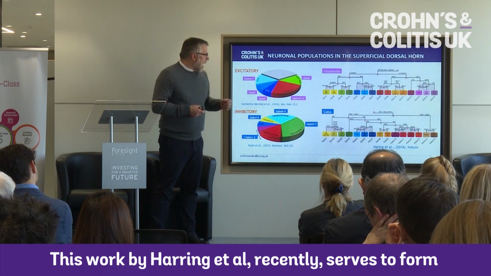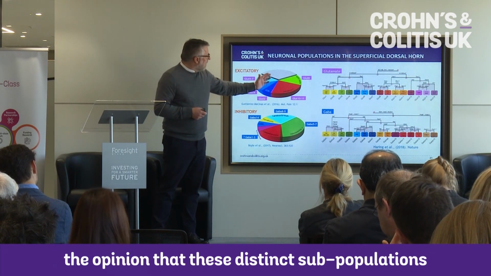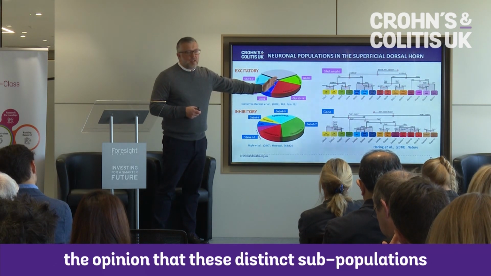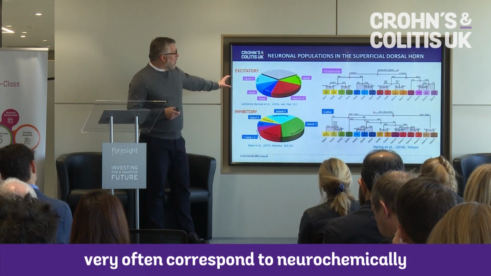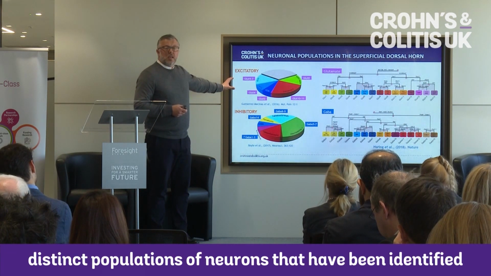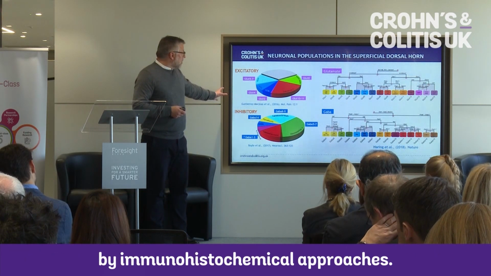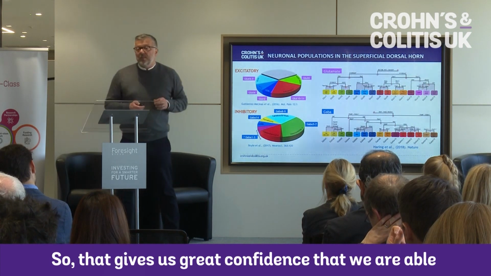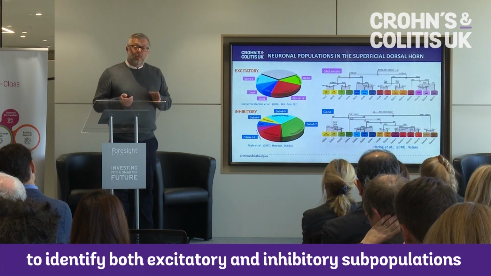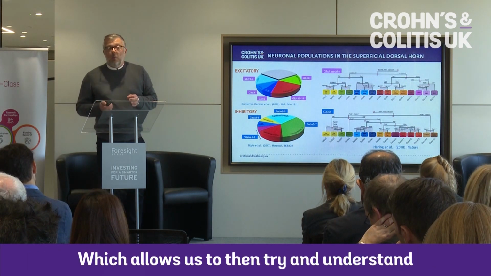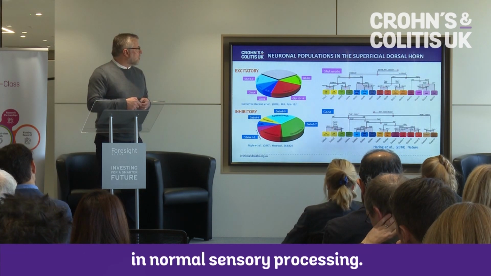And this work by Haring et al. recently serves to form the opinion that these distinct subpopulations identified using transcriptomics very often correspond to neurochemically distinct populations of neurons that have been identified using immunohistochemical approaches. So that gives us great confidence that we're able to identify both excitatory and inhibitory subpopulations with great precision, which allows us to then try and understand the roles of these different neurons in normal sensory processing.